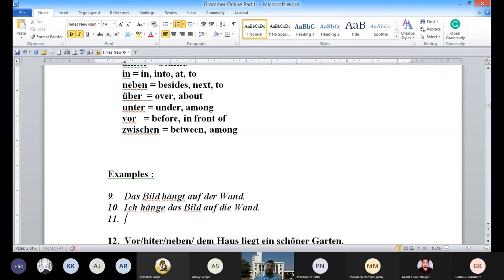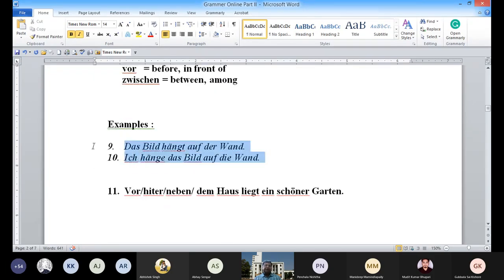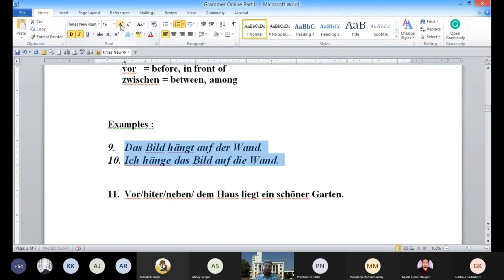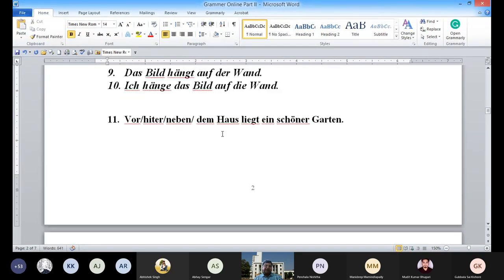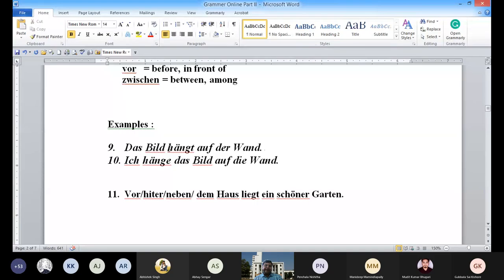Now, let me give you one example. This example will make things more clear. Action and position, I am telling. One of the prepositions is auf, which means on, at, or upon. Now, if you look at these sentences: Das Bild hängt auf der Wand.